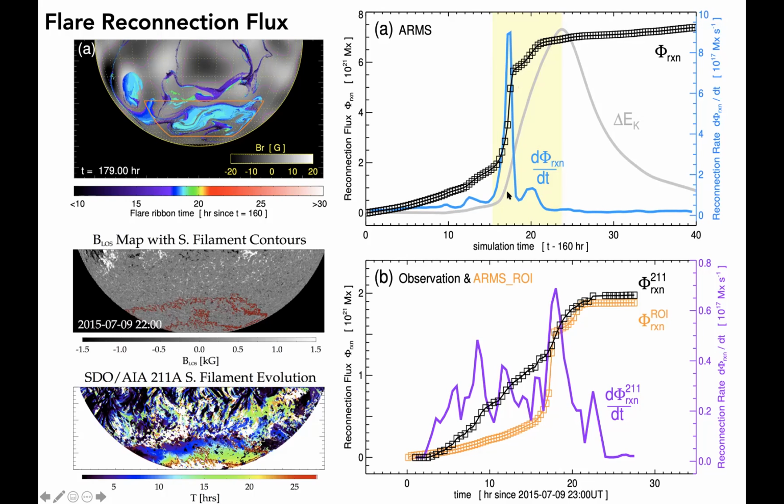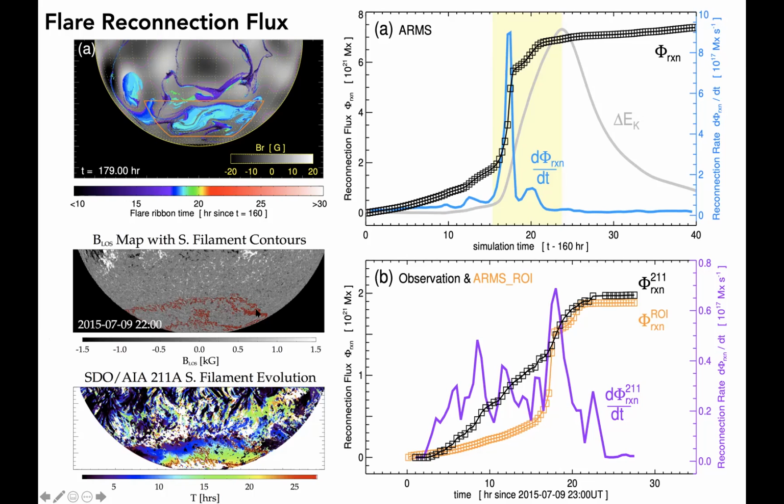And if you take a look at the observational version, there's some difficulties here because all of the machinery for calculating reconnection flux from observations is based on this kind of bright ribbon emission.